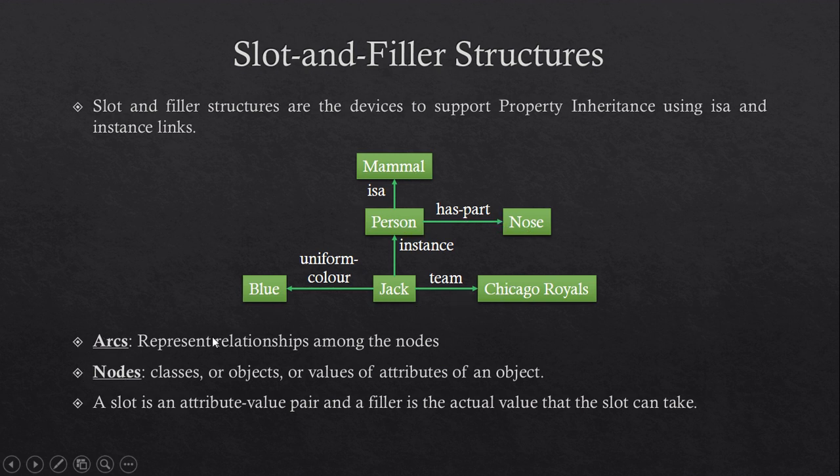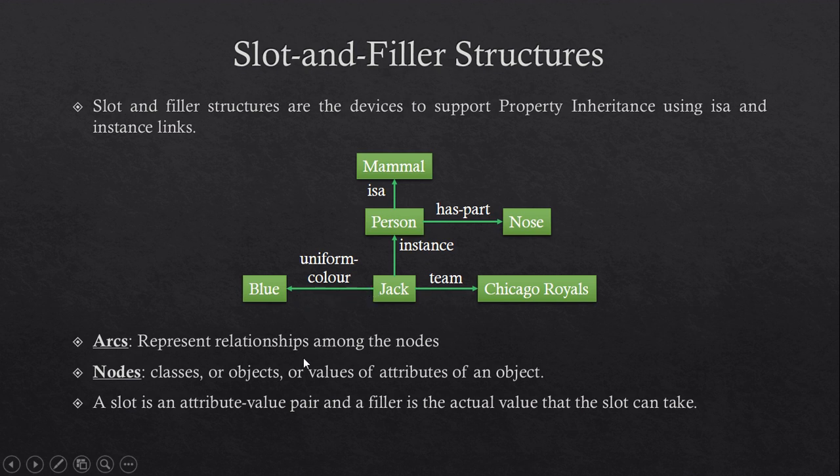So, in a slot and filler structure, we have arcs and nodes. The nodes represent either classes or objects or values of attributes of an object, and arcs represent relationships among the nodes. The arrows on the lines point from an object to its value along the corresponding attribute line.